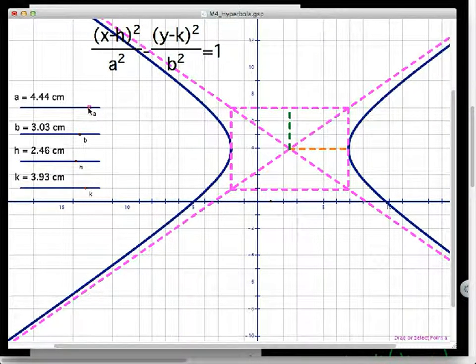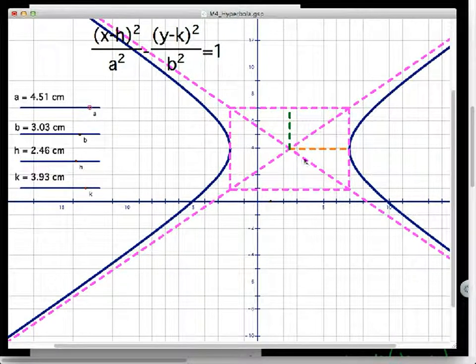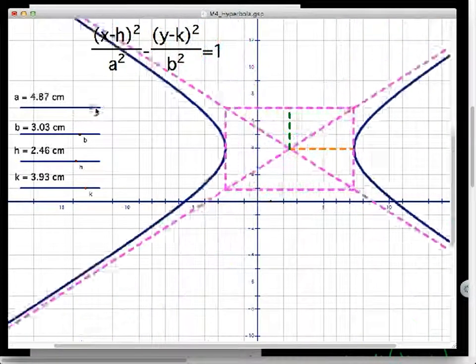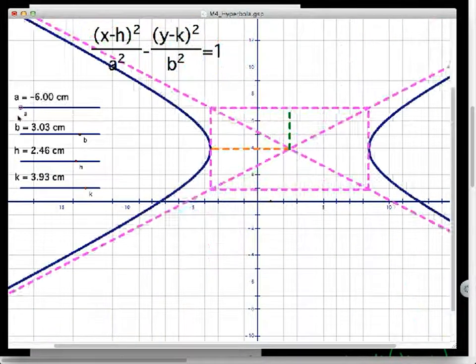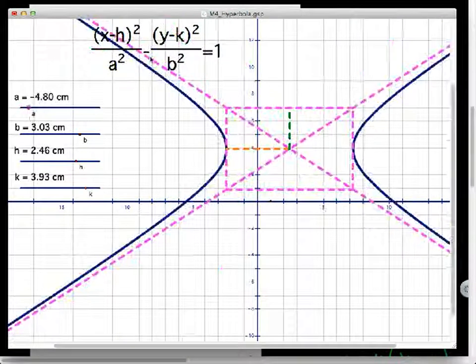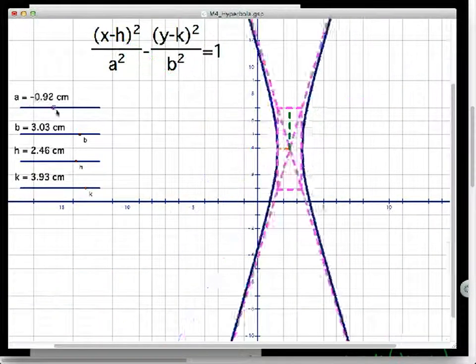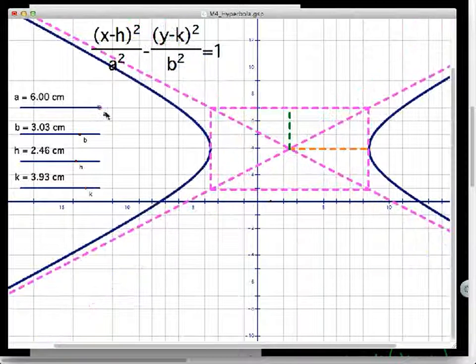Now notice what a does. A changes the length of the transverse axis, or the length from the center to a vertex. So I can shrink that down or stretch it out. Actually, having a negative a value doesn't technically make sense because it's getting squared anyway. And what I want to point out is, remember for ellipses, when they were horizontally oriented, they were always wider than they were tall.